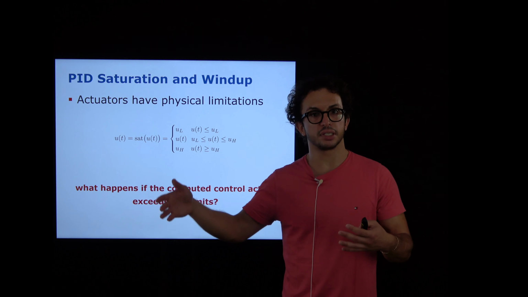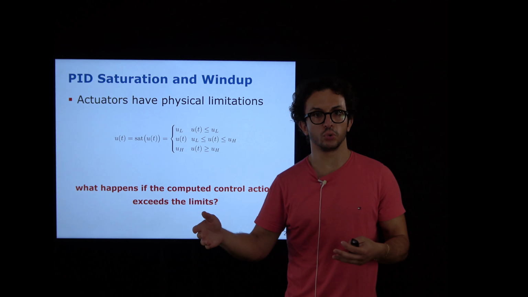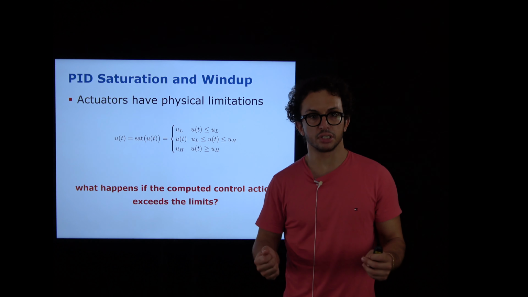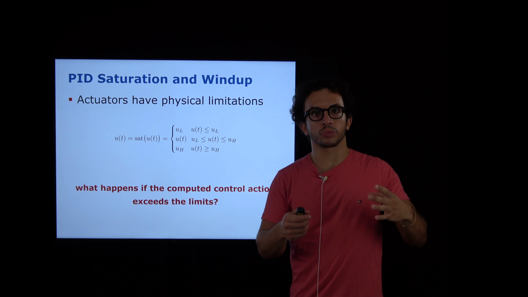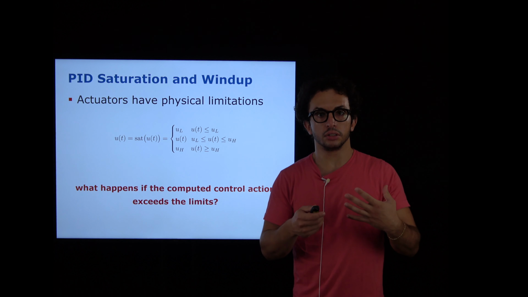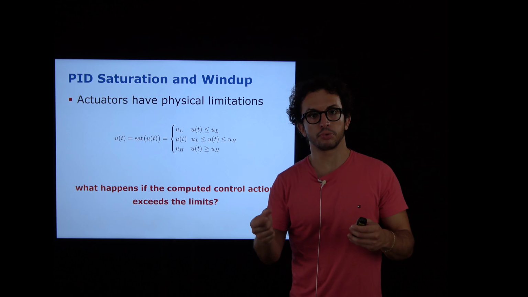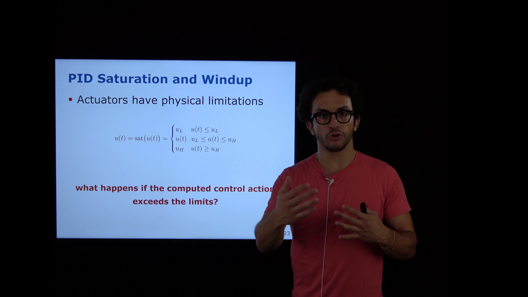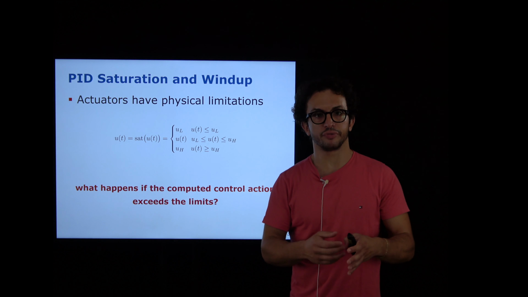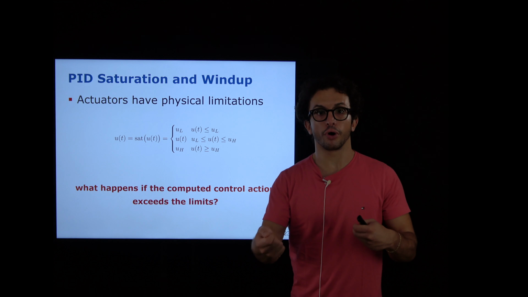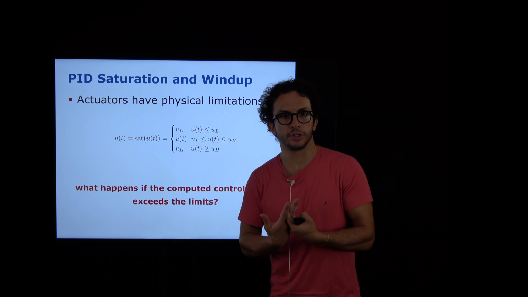And for the state of the system that maybe is very far away from the set point that you want to achieve, or whatever is the situation, it might be that the control signal that you would need in order to control the system appropriately is actually above or below, so anyways beyond the capabilities of the actuators. So you need more than the actuator can give, or you need less than the smallest amount that the actuator can give.